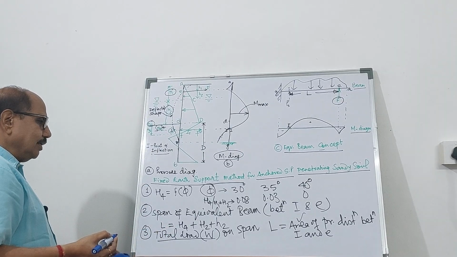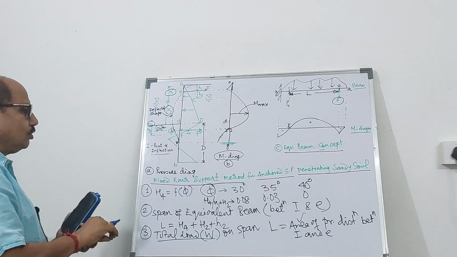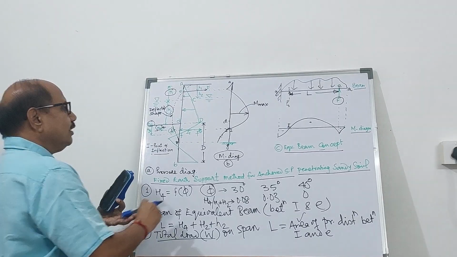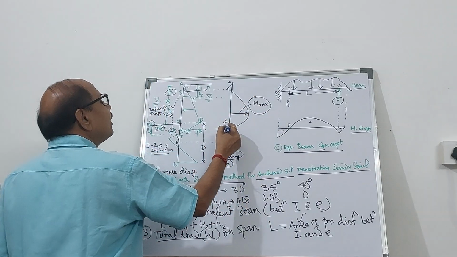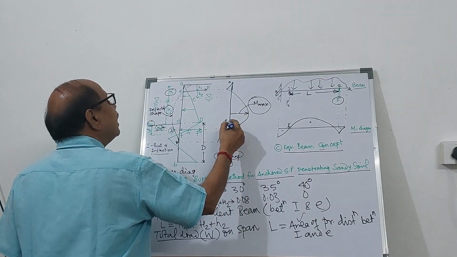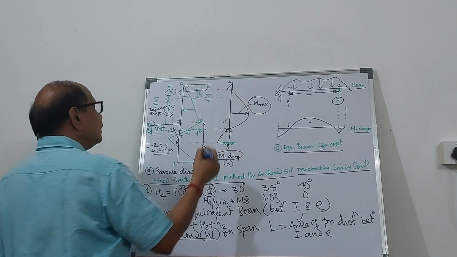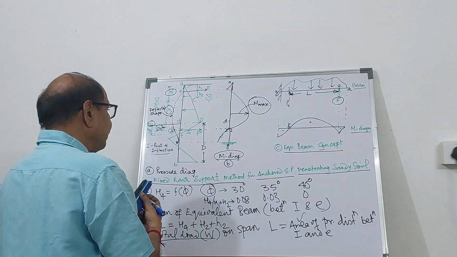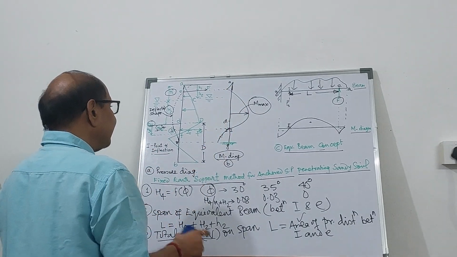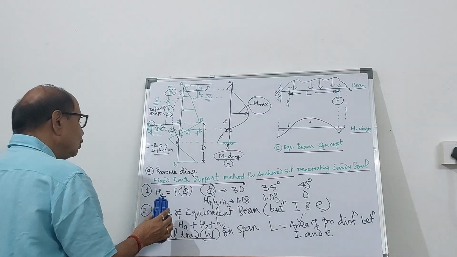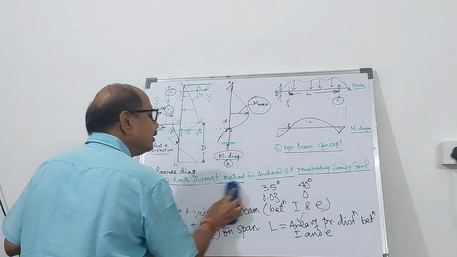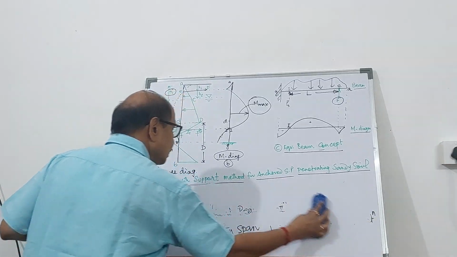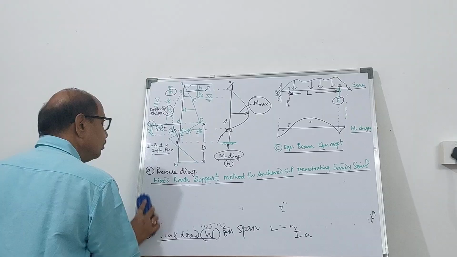So, friends, it is very simple, and then you can find out the maximum bending moment, because the maximum bending moment is going to be between I and this point E, and the maximum bending moment is above the dredge line itself. So let's find out the maximum bending moment.